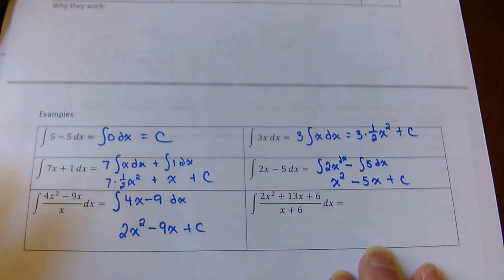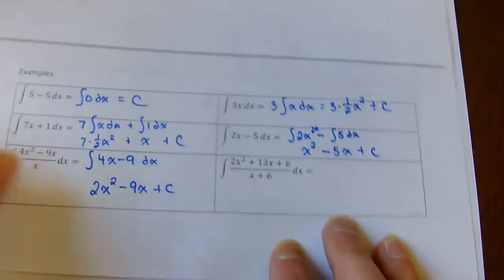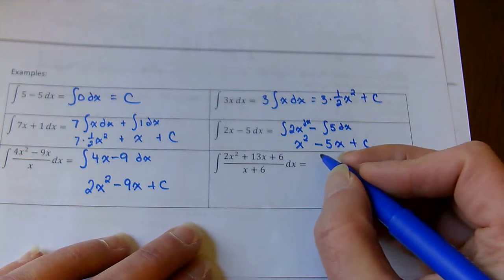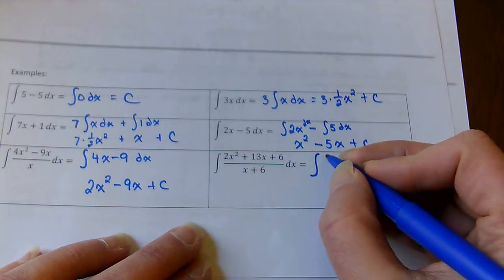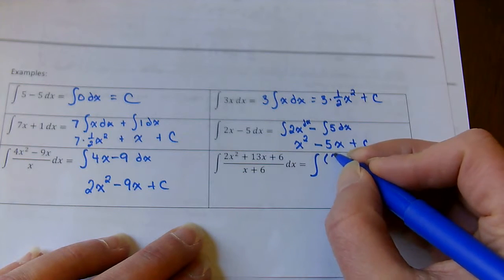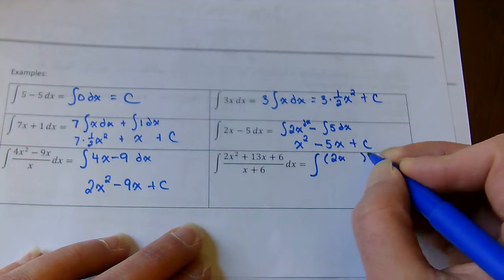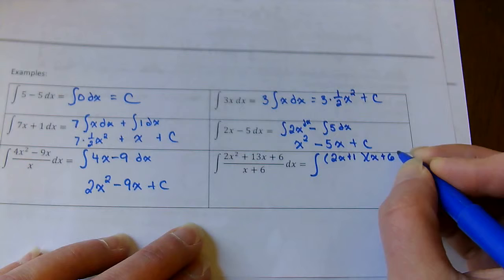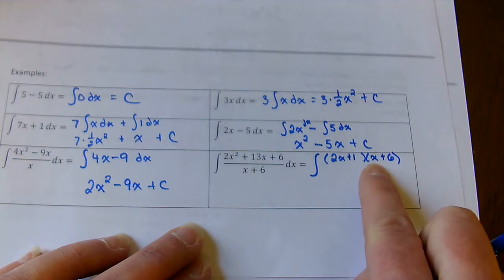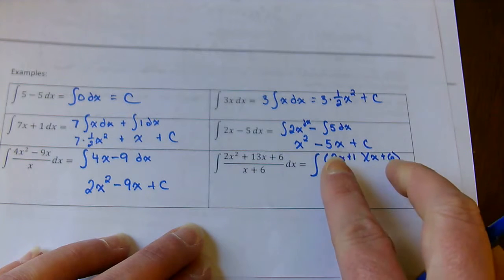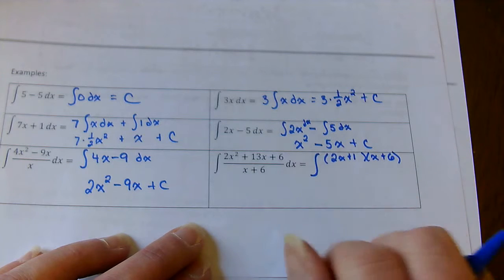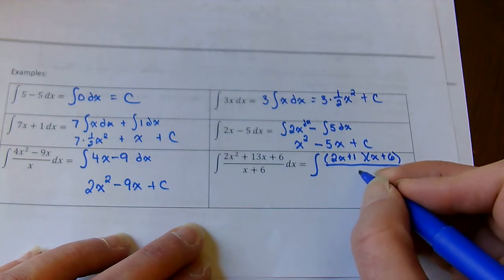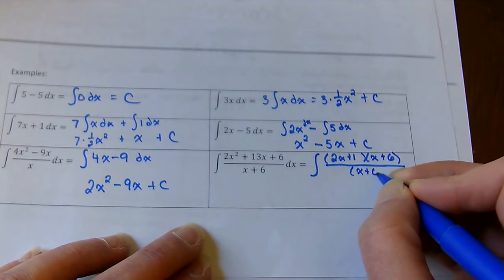Oh, another fraction. Gosh, I bet that numerator factors. That would factor into, let's see, 2x plus 1 and x plus 6. Let's double check. 2x times x is 2x squared. 12x plus 1x is 13x. 1 times 6 is 6.